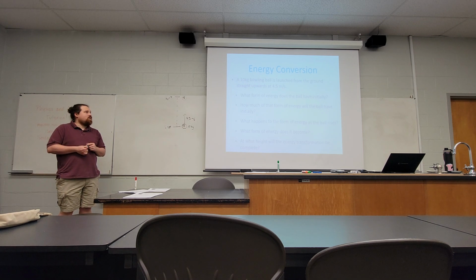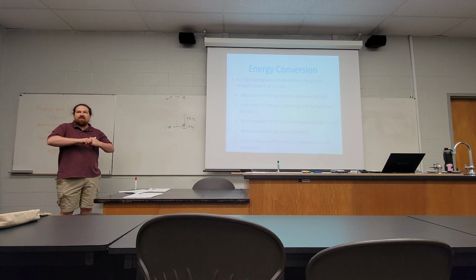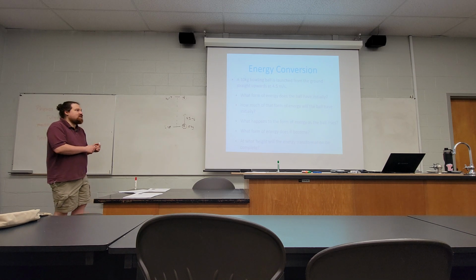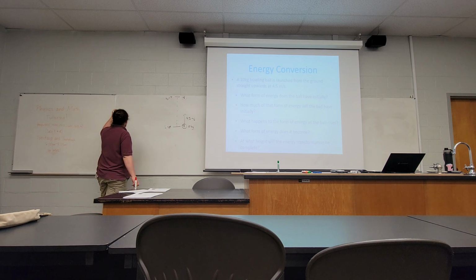So, what form or forms of energy does the bowling ball possess at the beginning, right as it's launched? Kinetic. It has a velocity, it's in motion, therefore it must have some amount of kinetic energy.